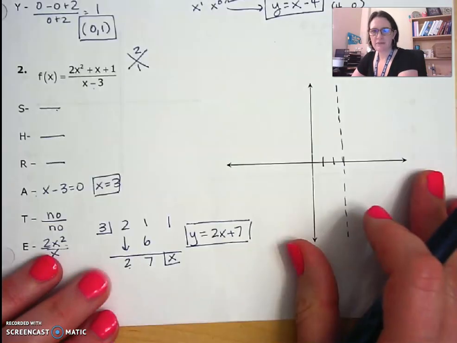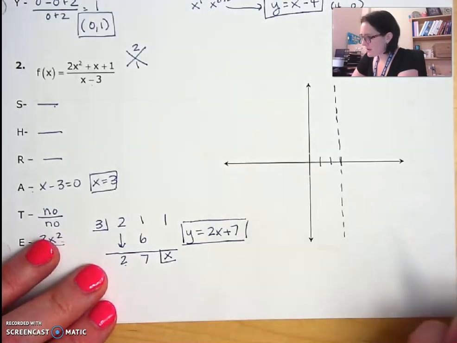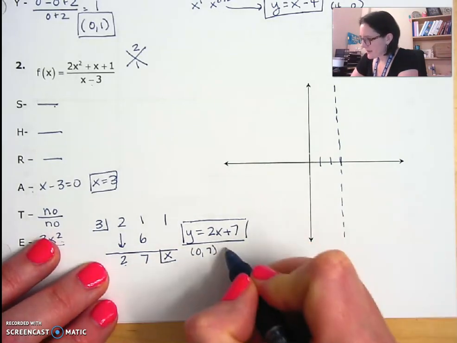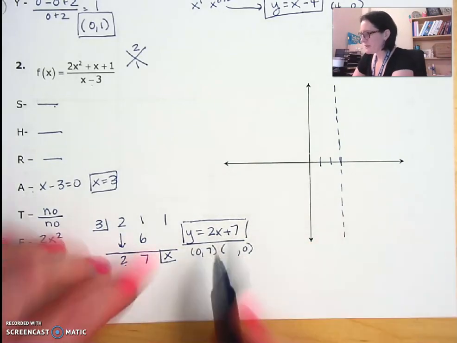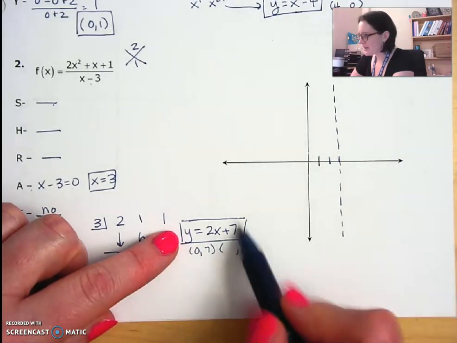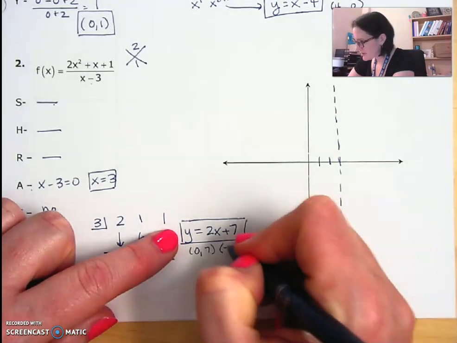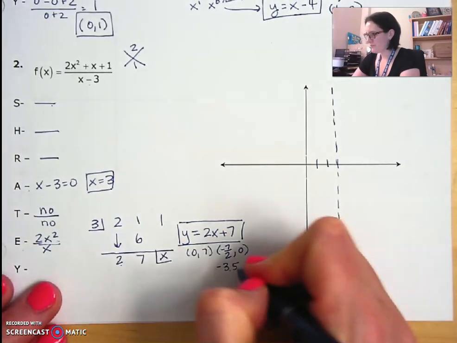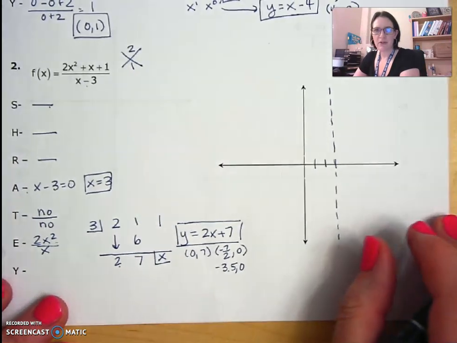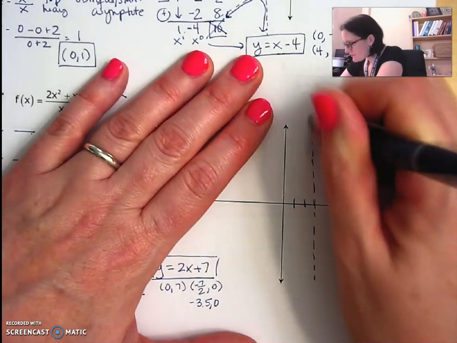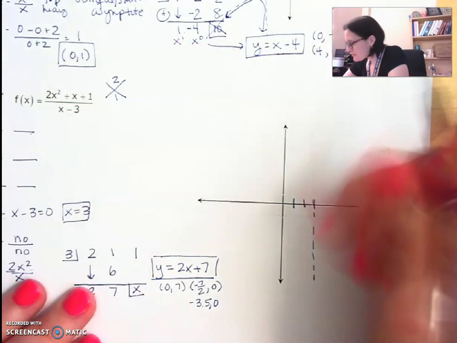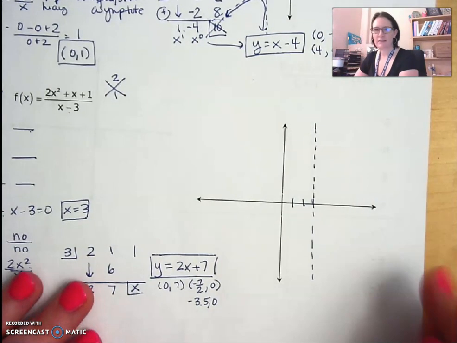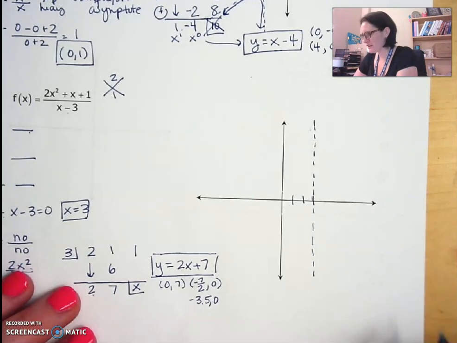I'm going to find my x and y intercepts for that. When x is 0, y is 7, and when y is 0, so imagine I have a 0 here, I subtract 7, then divide by 2, so negative 7 halves, or negative 3.5, 0. And I'm going to put open circles there. That's not completely straight, it's going to bother me. Make it a little bit better. Okay. It's not much better, but we're moving on.